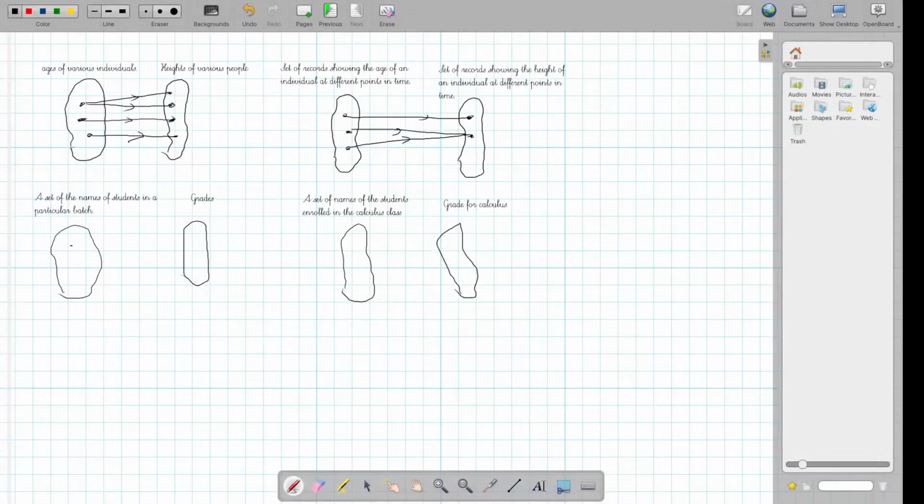If we consider the set of names of the students and grades, one student might have two different grades for different subjects, maybe a B for calculus and C for physics, or the other way around. So one person might have two arrows going out. In this situation it's not a function.